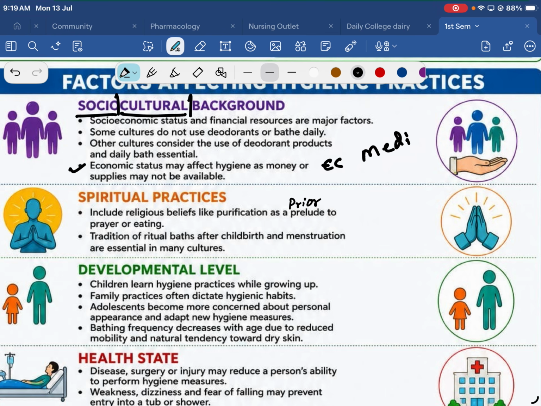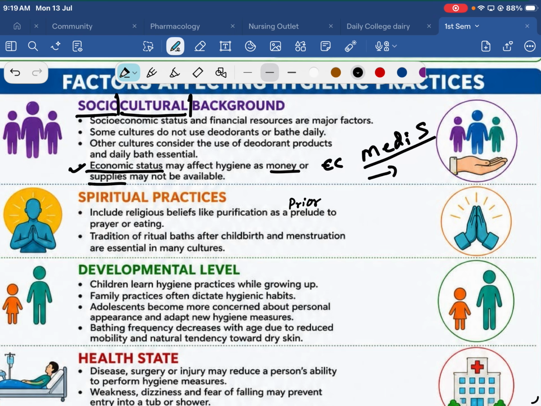Suppose you take medicated soap or a costly brand that you can't afford, it means you are not able to maintain your health properly. If you are not maintaining health, your problem is due to the hygienic problem. What is the main factor here? Economic status is a main factor that will affect hygiene in terms of money, or in terms of the supplies that you have or don't have.